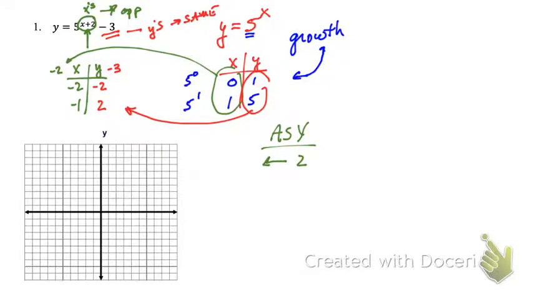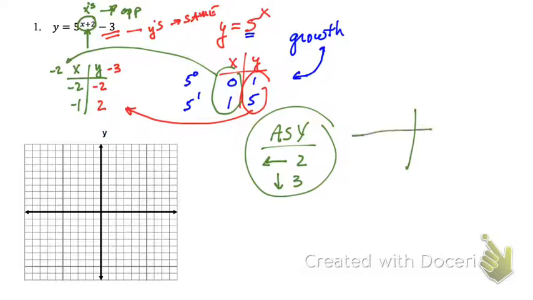That minus 3 out back, which made us subtract 3 from our y's, will move it down 3 units. That will happen to our asymptote. So real quickly, our asymptote on a growth graph is on the back side, the negative side of the x-axis. That needs to be moved to the left 2, so you would start it back here, and it needs to be moved down 3. So when we draw our asymptote on our graph, it'll be down here.